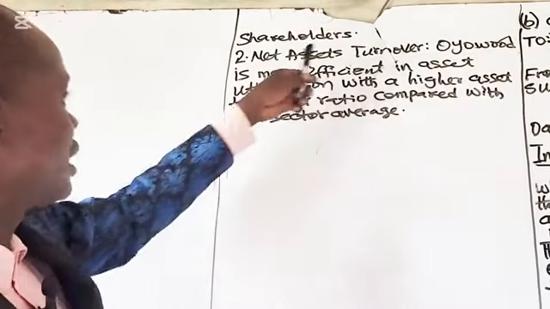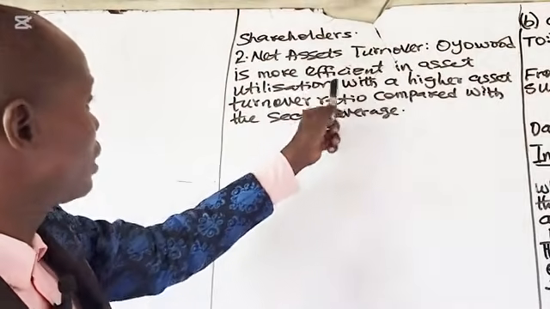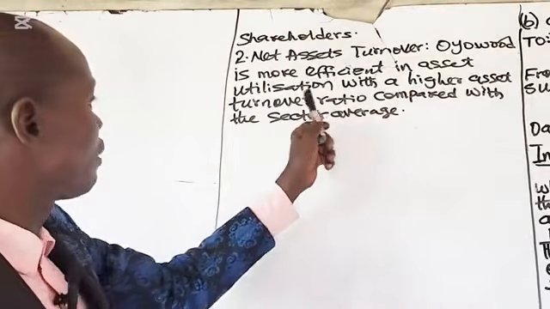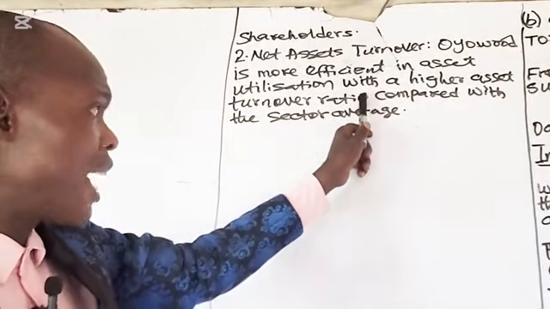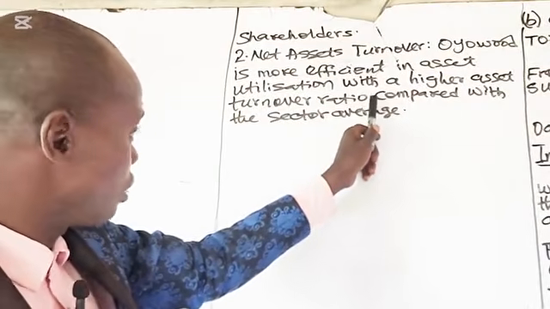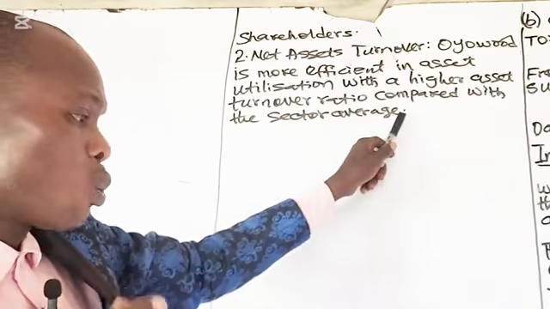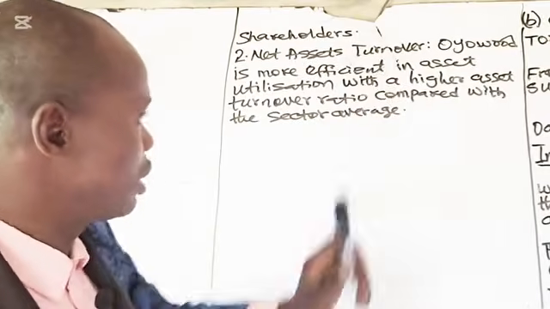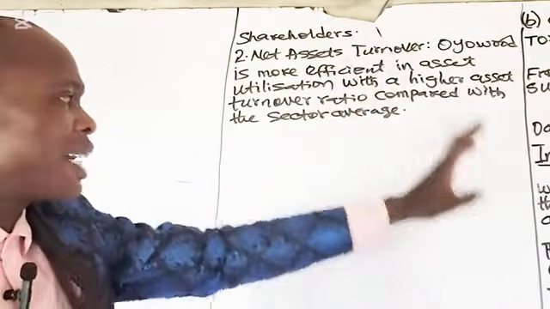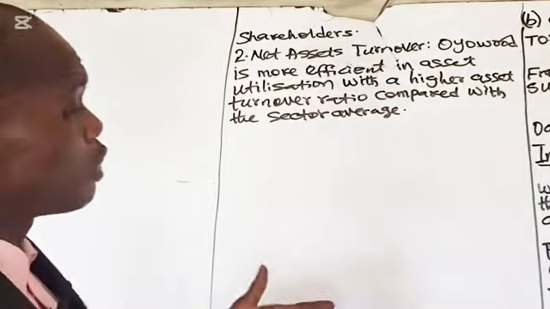You can say Oyo Wood is more efficient in asset utilization with a higher asset turnover ratio of 1.75 times compared with sector average of 1.67 times. But since I provided those ratios as part of my memo, I'm no longer quoting them.